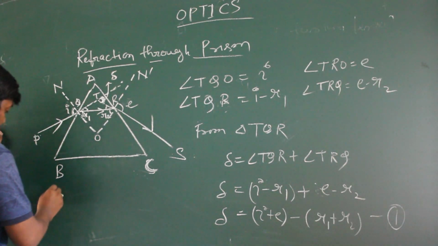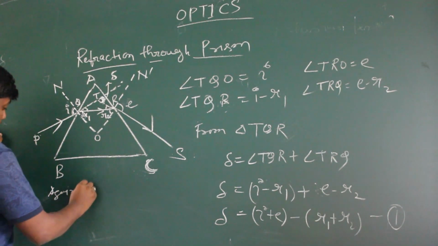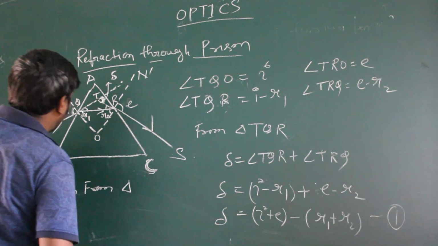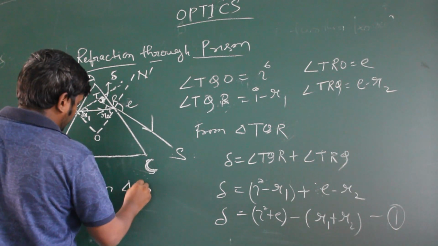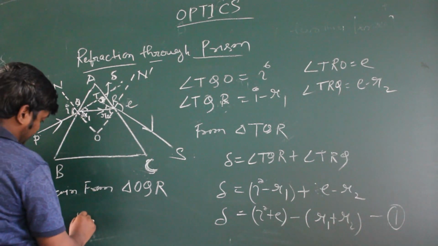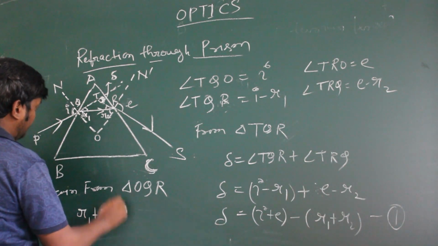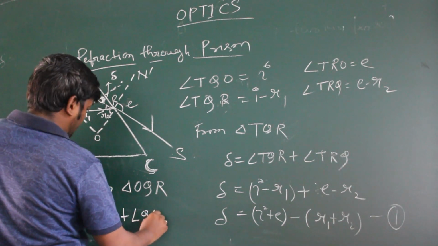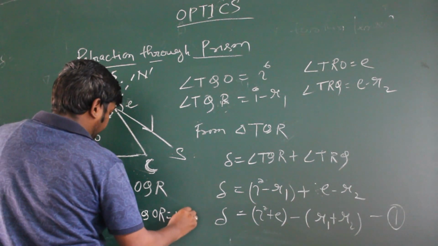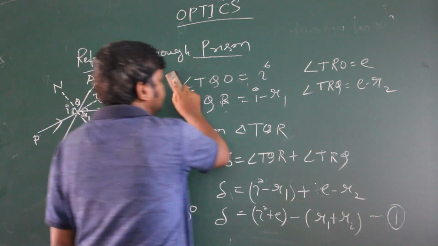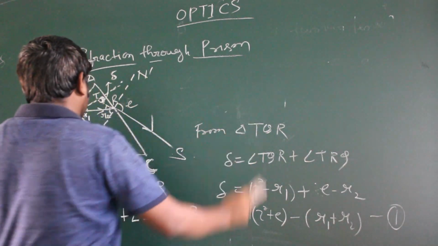Again, from triangle OQR we can write R1 plus R2 plus angle QOR equals 180 degrees.